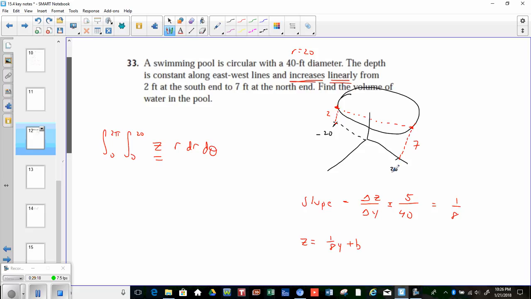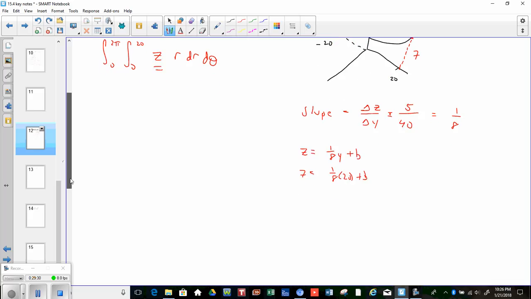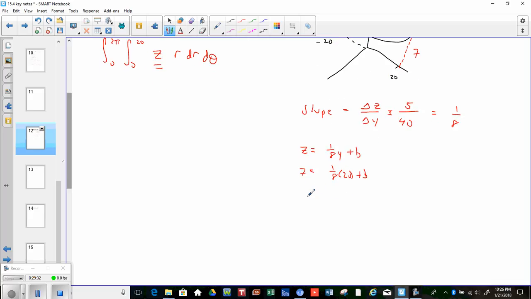So I can use the fact that z is 7 and y is 20 to find my b value. 20 over 8 is 5 halves. Subtracting 5 halves from 7, 7 is 14 halves, so that should be 9 halves equals b. So what I get is z equals 1/8 y plus 9 halves.